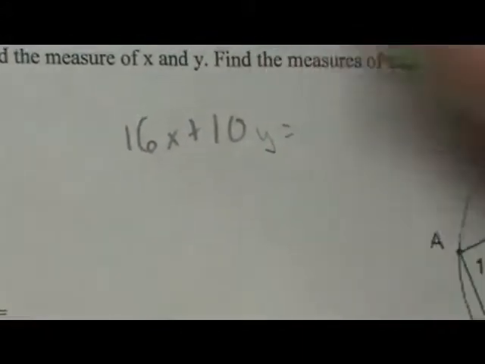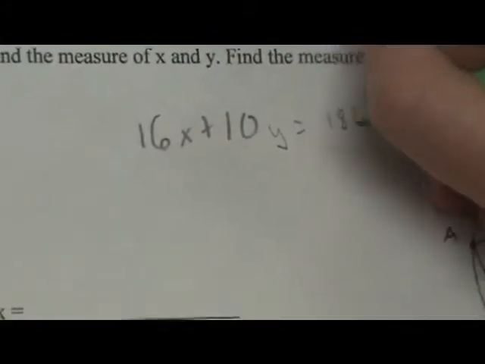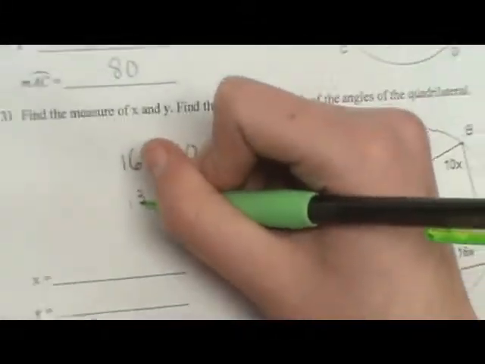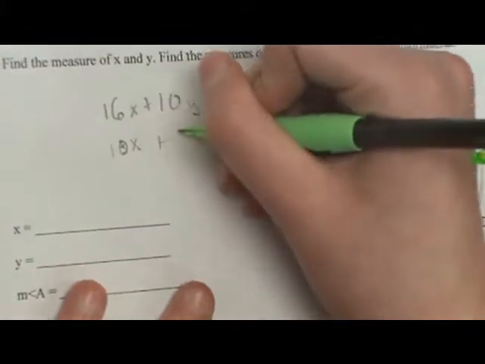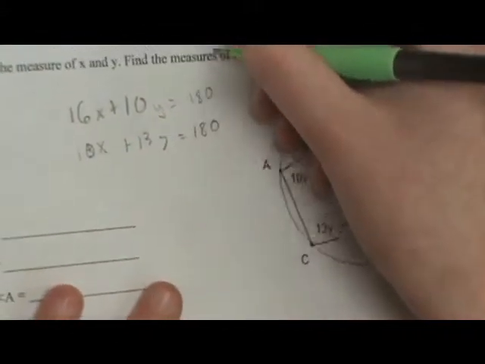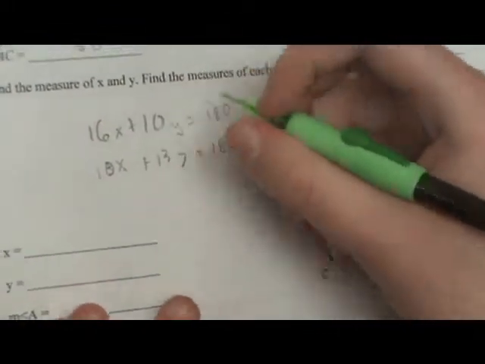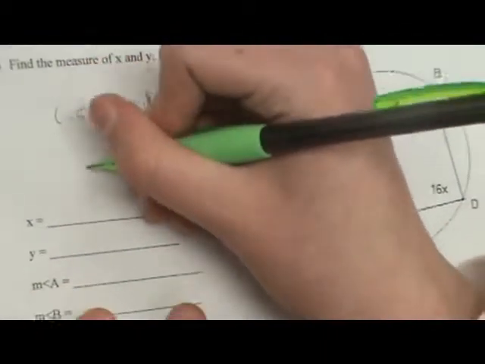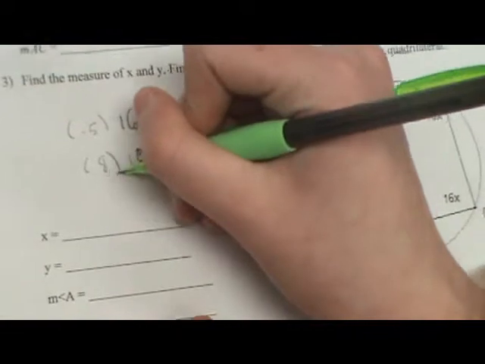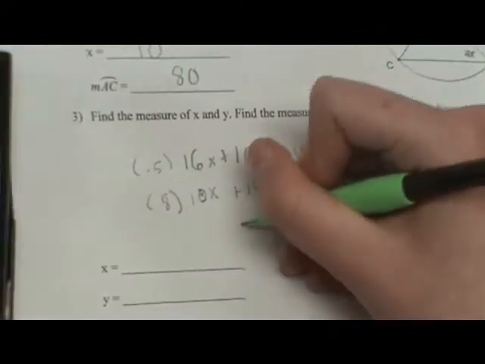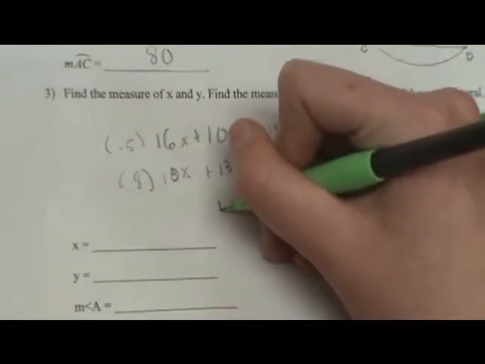Since that equals 180, we set the other equation equal to 180 as well, which would be 10x plus 13y equals 180. Since both equal 180, we can set them up so that we can cancel out the x's.